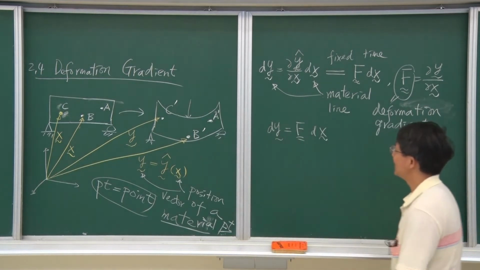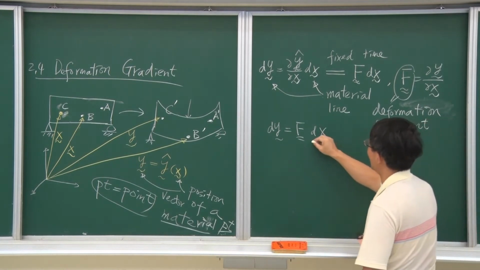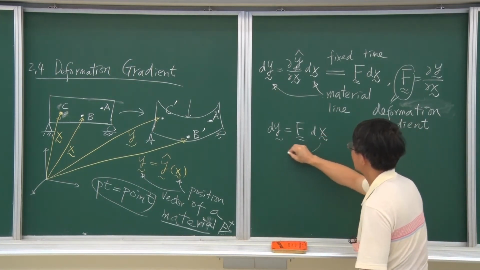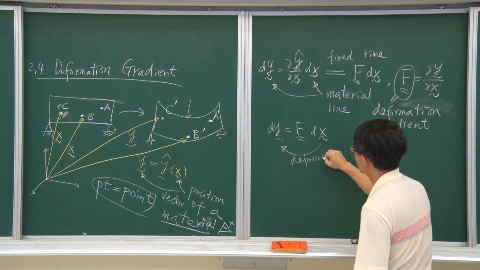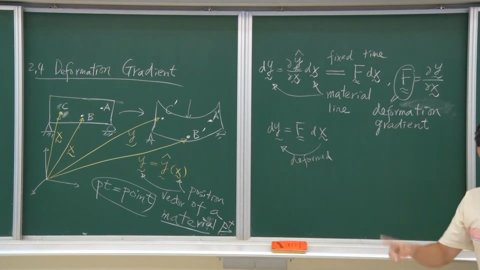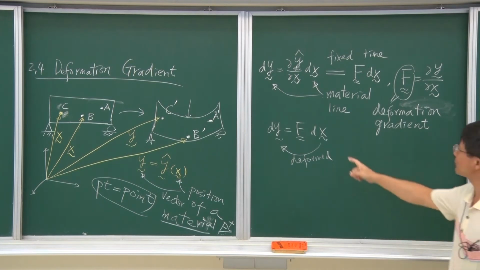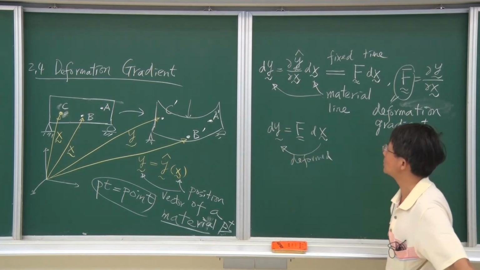Okay, if you have a material line deformed, understand? You have a material line, and then after the deformation, you go to dy.